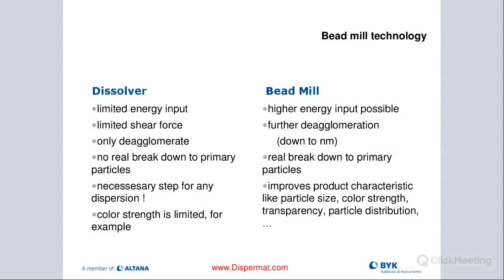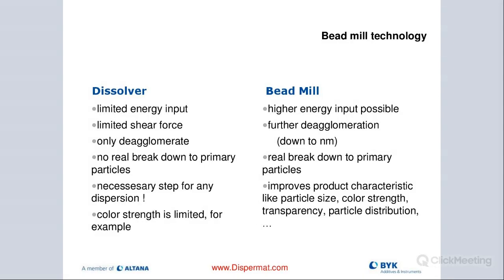And if you omit the bead milling and you only want to work with the dissolver, your physical or appearance and color properties will be impacted by it. Your color will not be as bright or beautiful as if you were also using the milling systems. Because there we can put way more energy into our mill base because we are also using media.